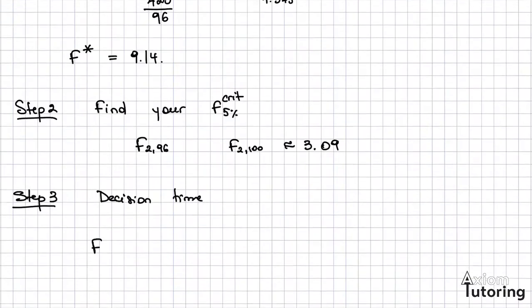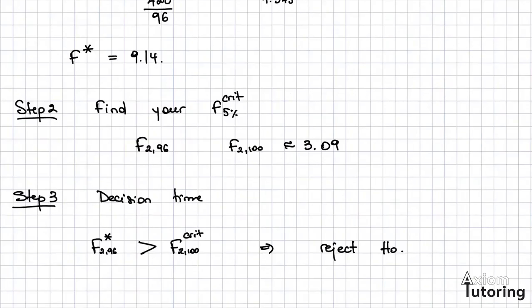Since our F star, the one that we computed, is actually bigger than our F critical, and I'm going to add the degrees of freedom here as well, we reject the null hypothesis. So this F statistic is quite large.